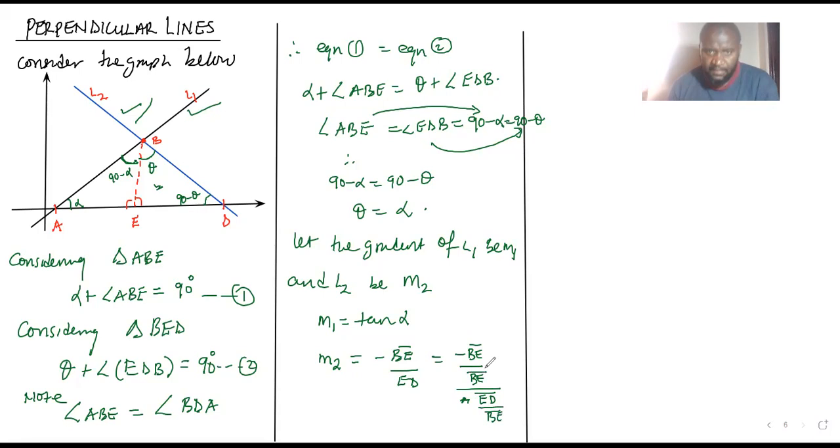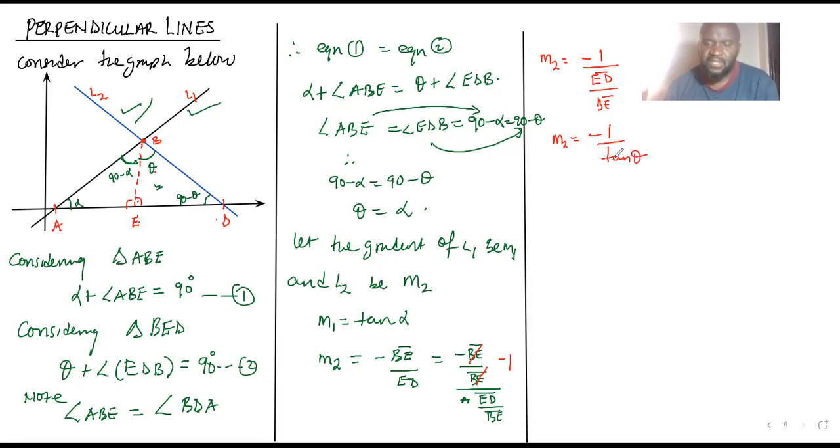If I divide both of them, the upper one becomes 1 because of division. It becomes a negative 1. Therefore, M2 will become negative 1 out of ED out of BE. But if you look at this angle, the tangent of theta is ED out of BE. So that means M2 is going to be equal to a negative of 1 out of tan of theta.